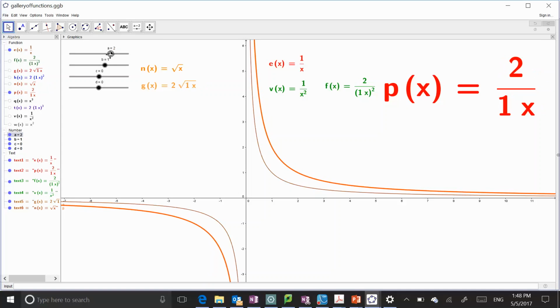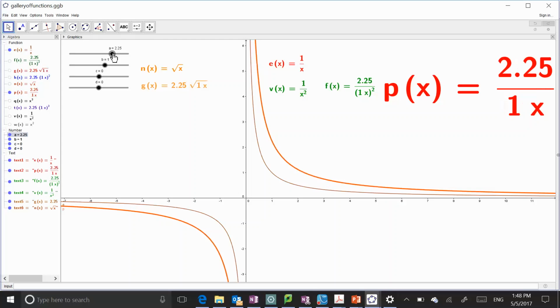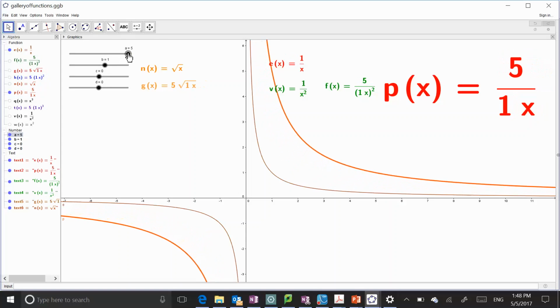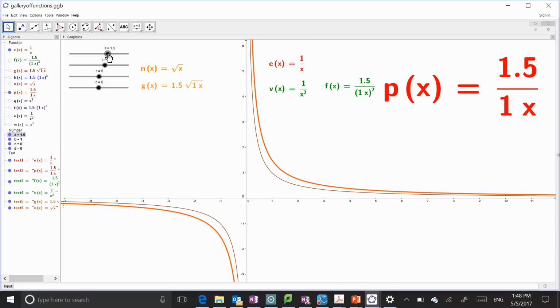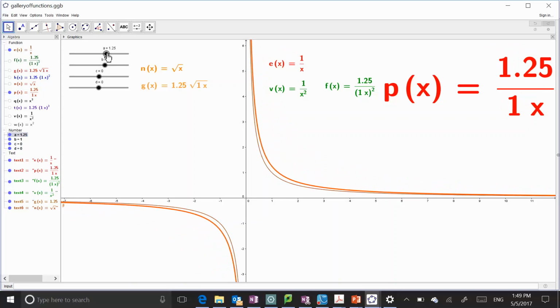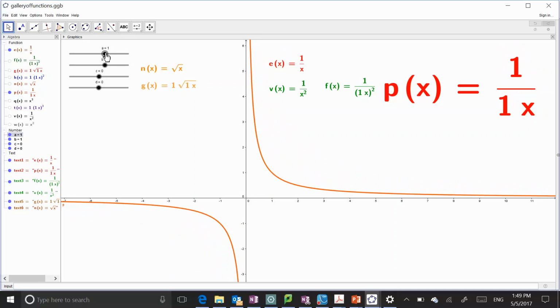So the larger I increase this, the more stretched vertically it becomes. Okay? So if you have a look at that, I'll increase A, and I want you to see how it's stretching up, because you're moving it away. Now, if I made it smaller than 1, between 0 and 1, you should see that all these values should now be halved or third.